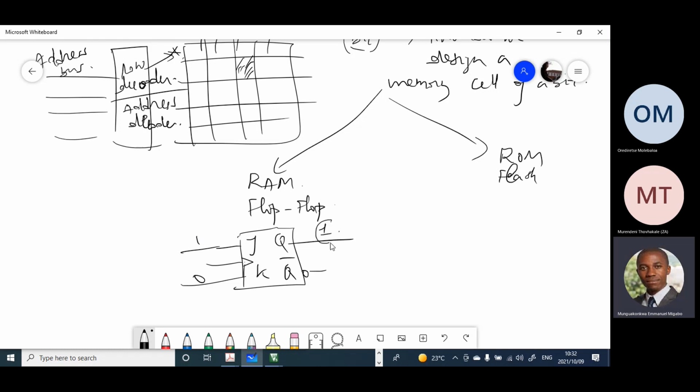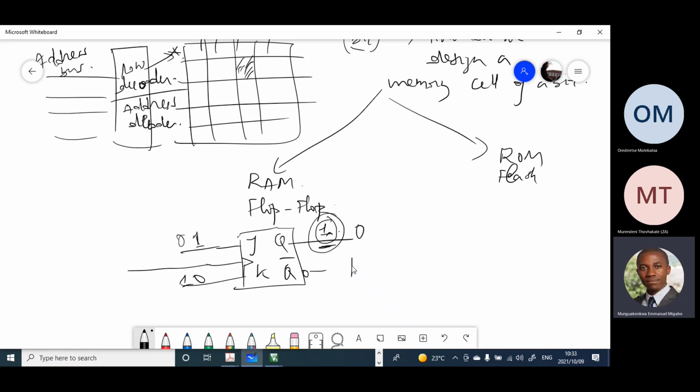But that output will remain 1 for as long as the condition on the input hasn't changed, and also the new change hasn't been clocked in. That's why we say it's storing a 1. Whenever you want to store a 1, you put a 1 on the input of the flip-flop and it will keep that 1. When you change it to a 0, you put a 0 there and a 1 here, and it will keep it at 0. You agree?